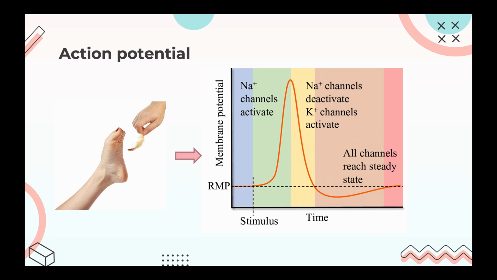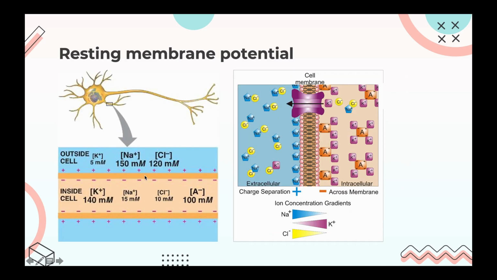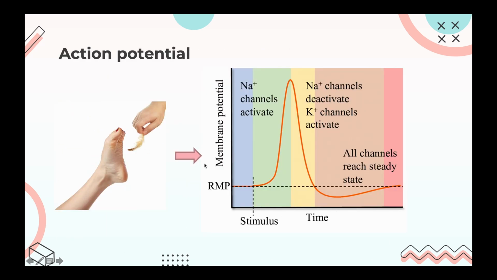Over here we have a foot that we're going to tickle with a little feather. What happens is that from a resting membrane potential, so this resting state when the cell isn't doing anything, the membrane potential goes up, which means that the charge is positive now.